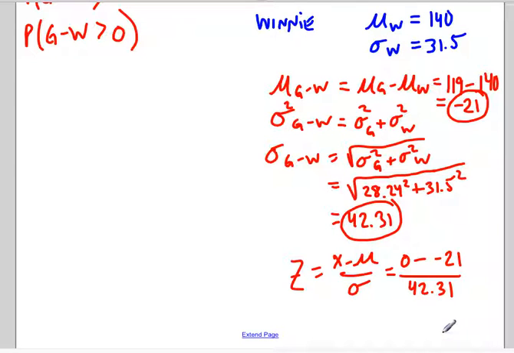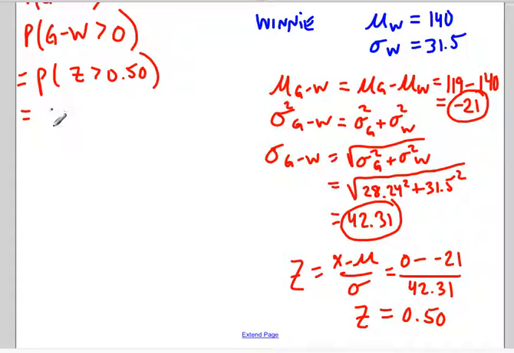When I do that, I get a z-score of 0.50. Okay, so continuing on with my probability statement, this will equal the probability that our z-score is greater than 0.50.